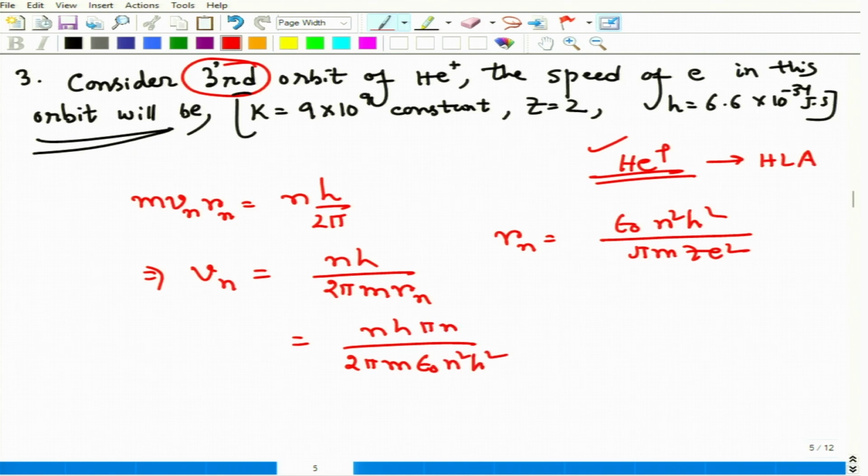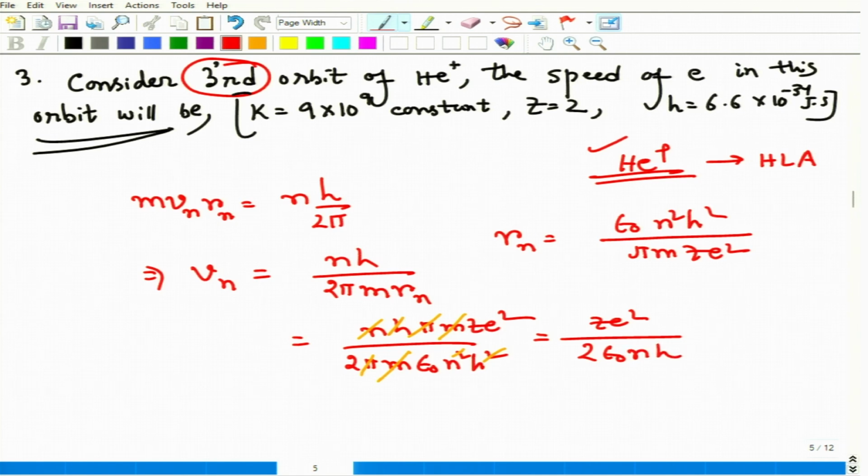Correct. So now what will be cancelled? This will be cancelled, pi will be cancelled. So it will be Z square divided by 2 epsilon naught nh. So you can write that.